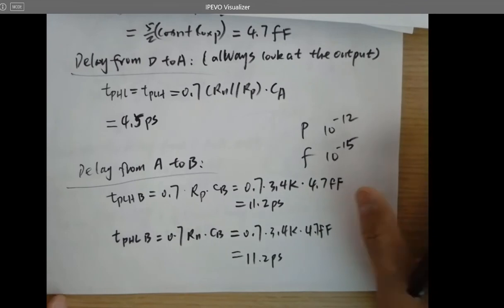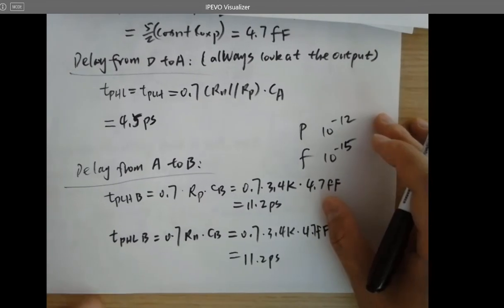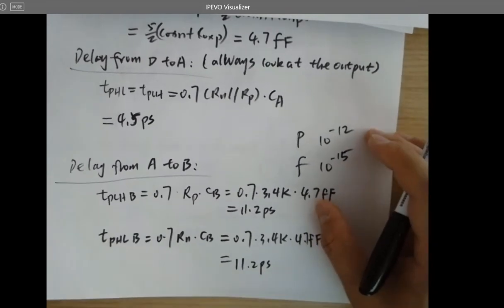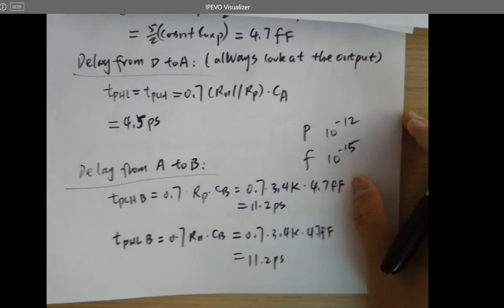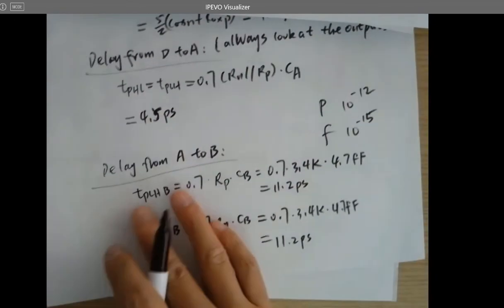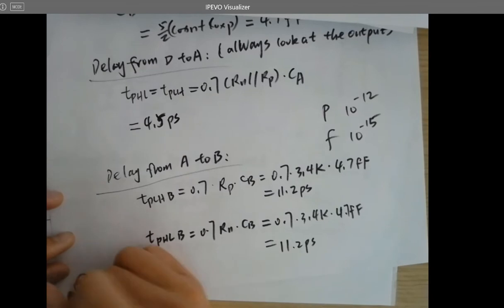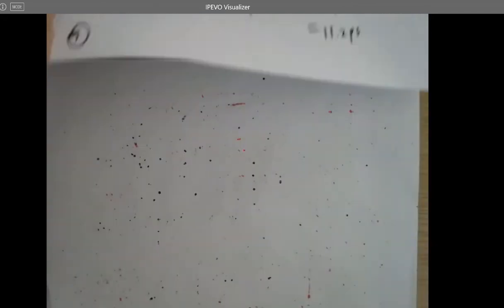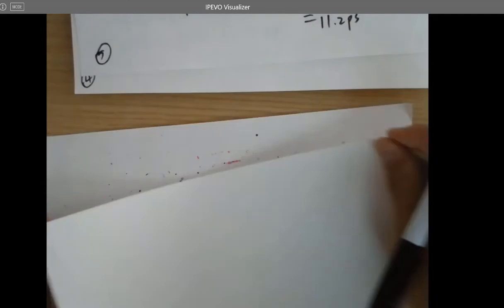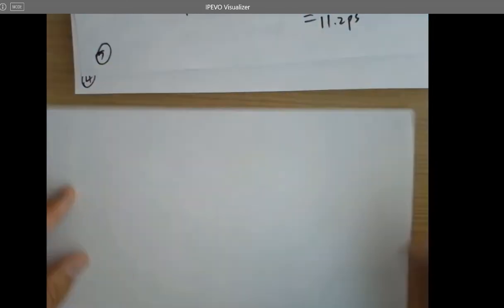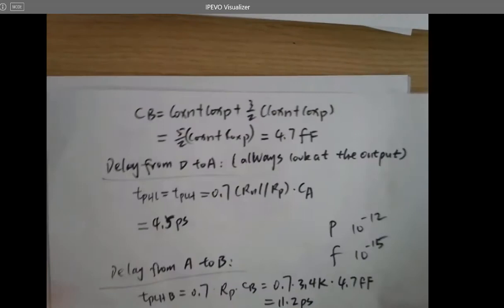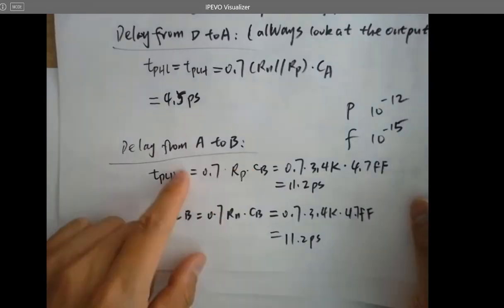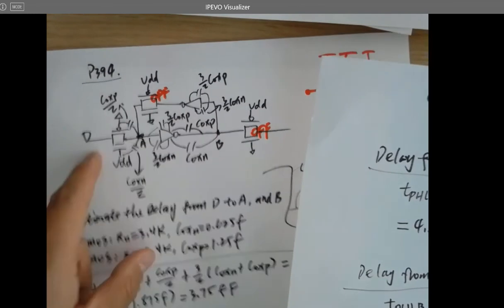That's why the PMOS and the NMOS are different in terms of width. So now let's get to the conclusion. Since we have calculated the time delay from D to A and also A to B, what about the time delay from D to B?